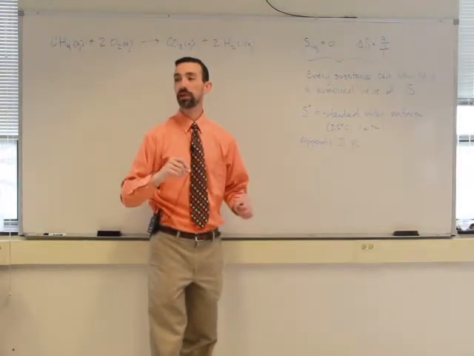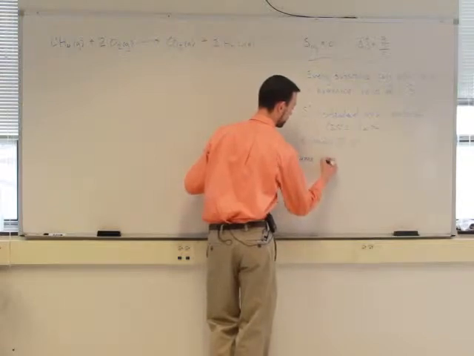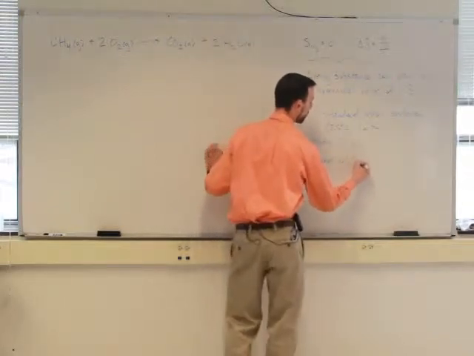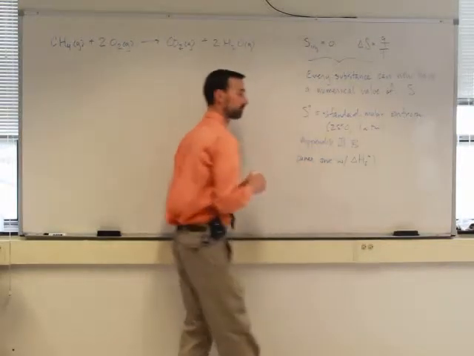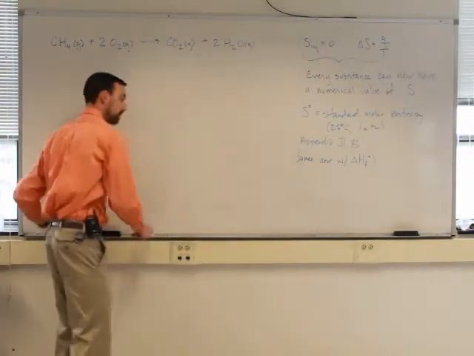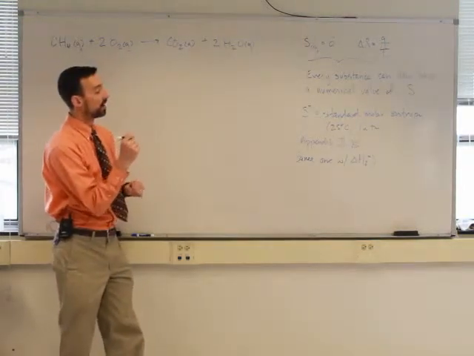Now, Appendix 2B is the same appendix with standard enthalpy of formation values. I'm going to change colors. I'm thinking the black might show up a little better just for the video.